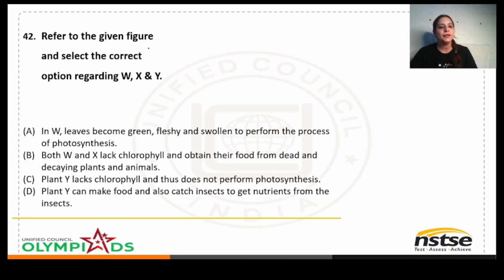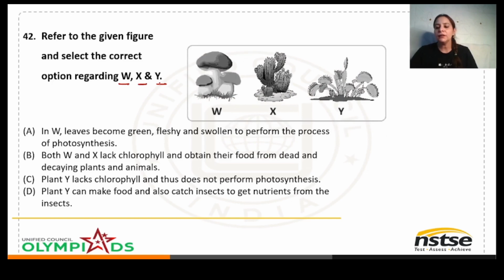Refer to the given figure and select the correct option regarding W, X and Y. So here you have this thing given, W, X and Y. You can see that these are three plants basically. Now before reading the options, I want you to identify them.